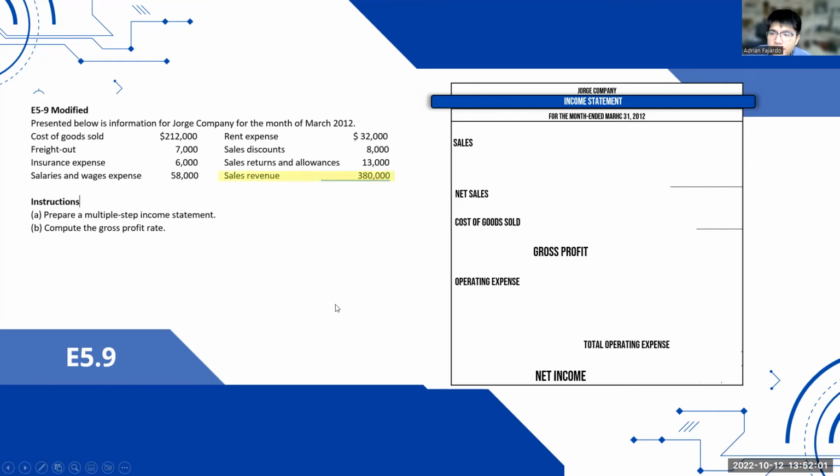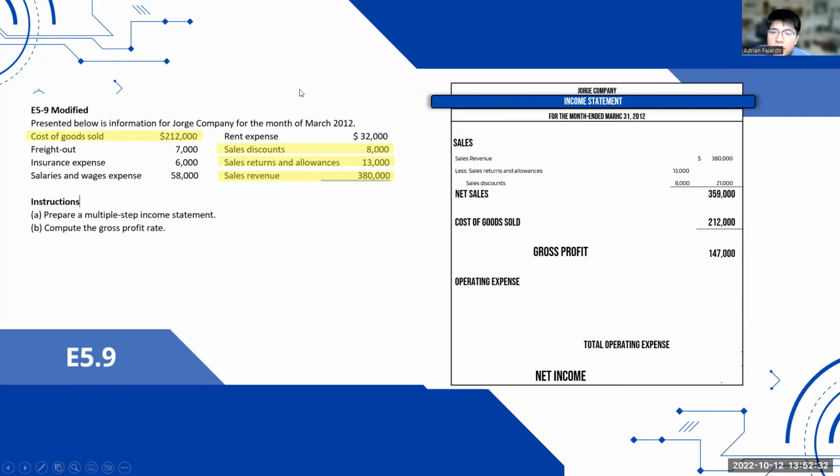So first, sales is 380,000. Then we subtract our sales return allowance of 13,000. We subtract our sales discount of 8,000 to give us a net sales of 359,000 because 380 minus 21,000 is 359, right? Next, we get our cost of goods sold, which is 212. So that we can get 359 minus 212 will be 147,000 gross profit.